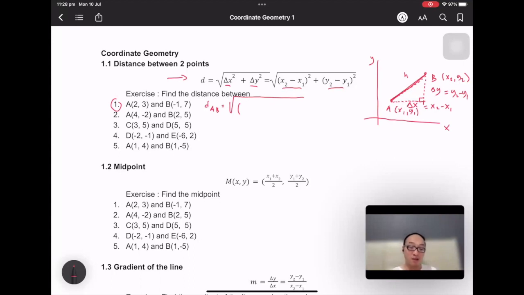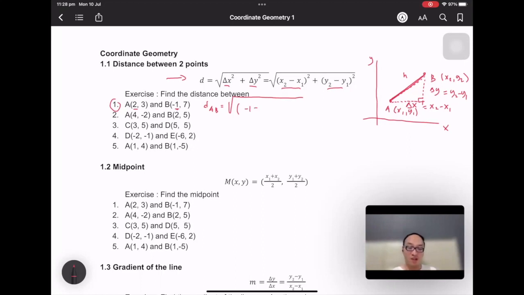I will take this as x2 and 2 as x1, so it's (-1 - 2) squared, plus delta y, where this is y2 and this is y1, (7 - 3) squared.